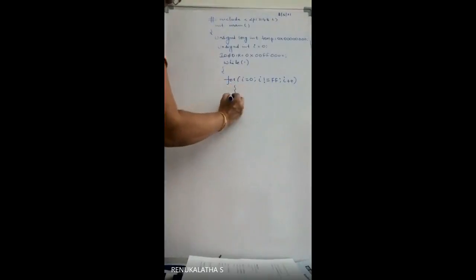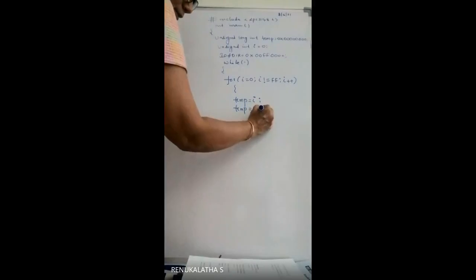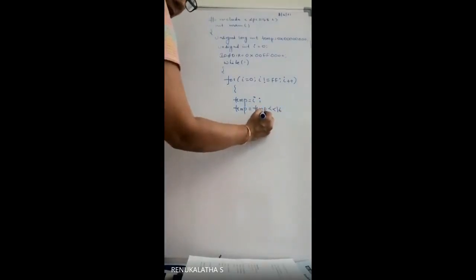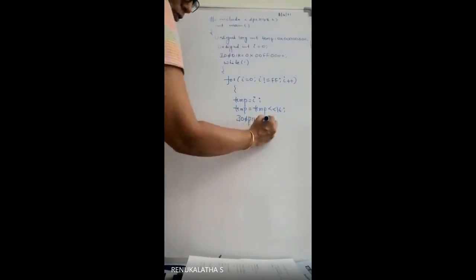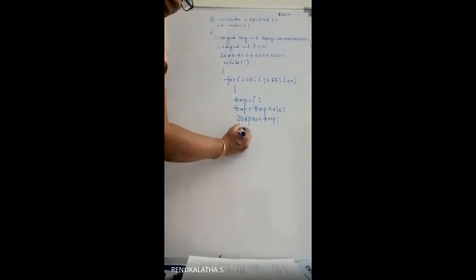And then here temp is equal to I. Temp is equal to I. Okay. So then temp is equal to temp left shifted 16 times. Then pass the data to IO0 PIN is equal to temp. Right. Close this and close this.